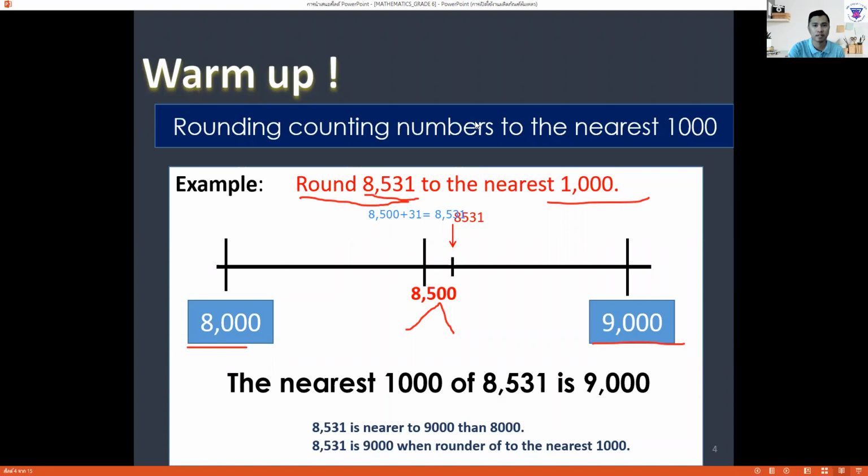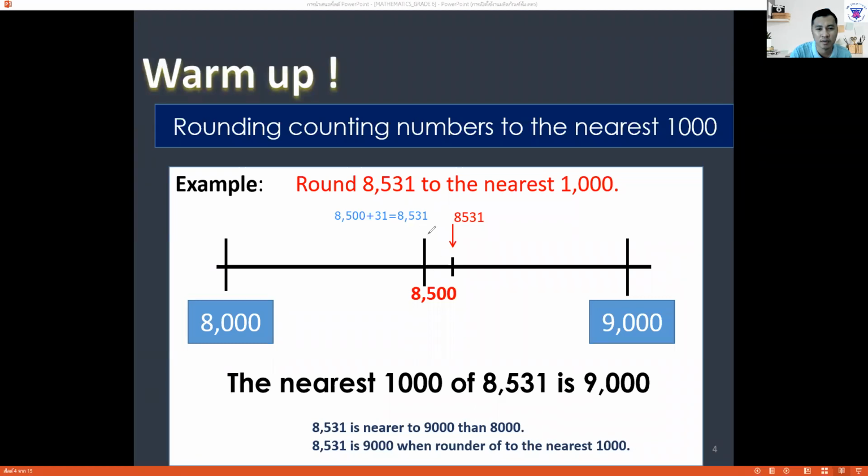Sorry, I shouldn't write it there. Again, let's do it like this. 8,500, then we add 31. That means it's equal to 8,531. Okay, it's here. That's it, students.